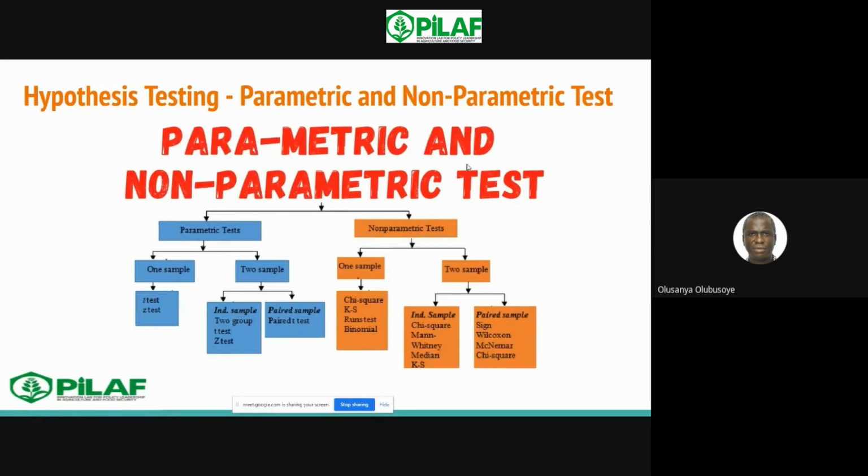Why do we need to struggle to choose between parametric and non-parametric? It has been statistically established that parametric tests are more powerful than the non-parametric tests. So it's always the starting point.